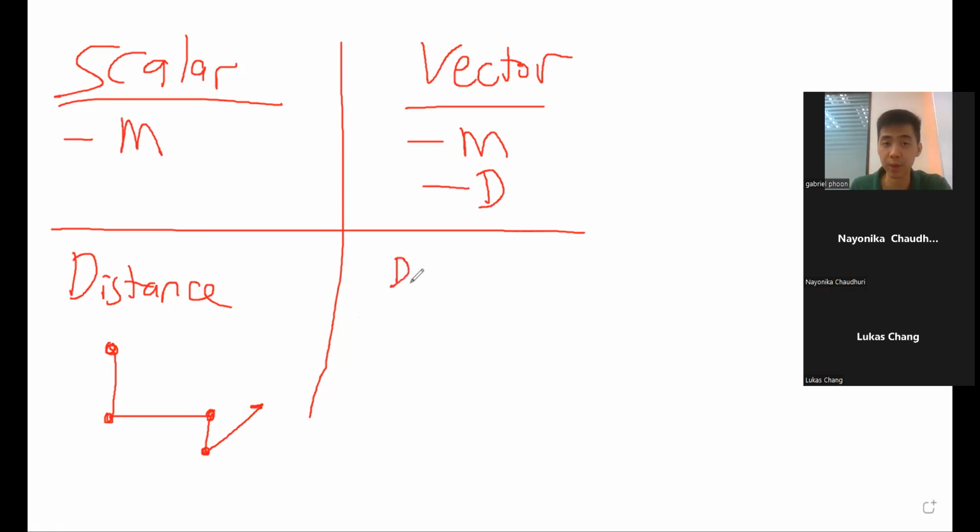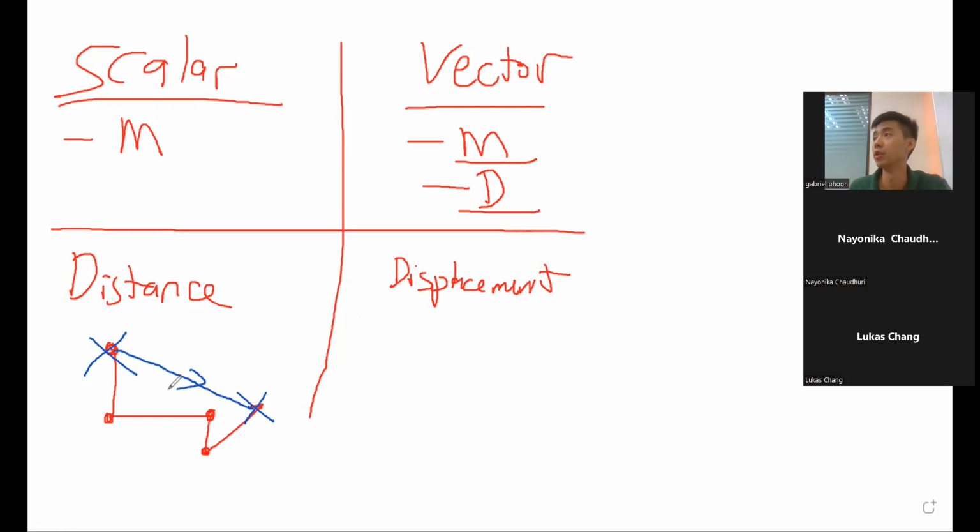But displacement, which is a vector quantity, takes into consideration not only the magnitude, but also the direction. Like I mentioned in the first class, displacement is always the starting position to the ending position in one specific direction.